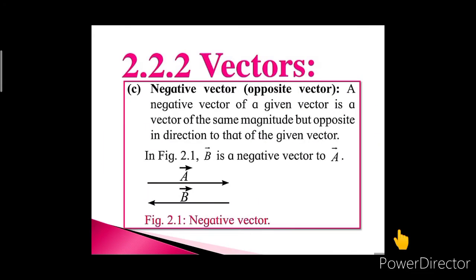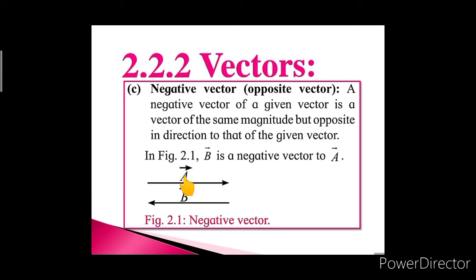Then the next type is the negative vector, or opposite vector. A negative vector of a given vector is a vector of the same magnitude but opposite in direction to that of the given vector. For example, vector A is given moving from left to right, and vector B is in the opposite direction, from right to left.